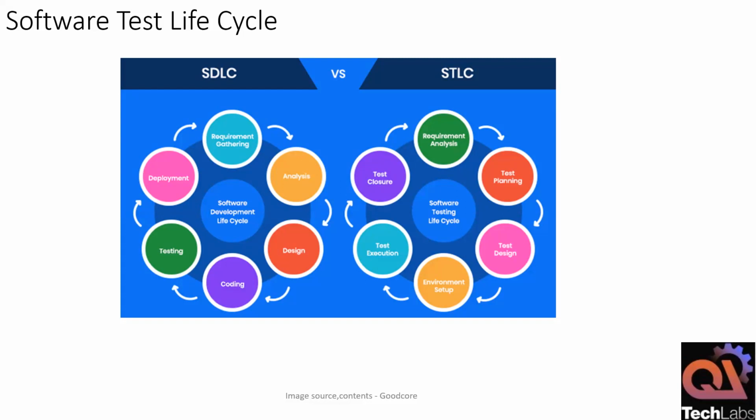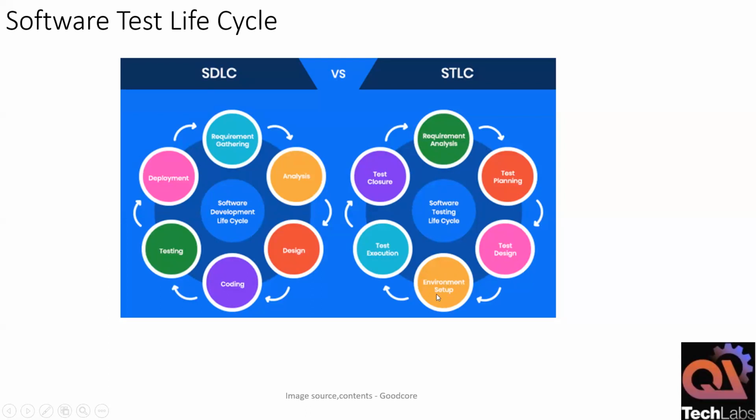So inside SDLC, you are having something called testing. What are the activities involved in testing is what I have mentioned here. Testing means Gopal is a tester, Santosh is a tester, somebody else is a tester. He has to understand what is the requirement. Then he has to plan. Then he has to design the tests.